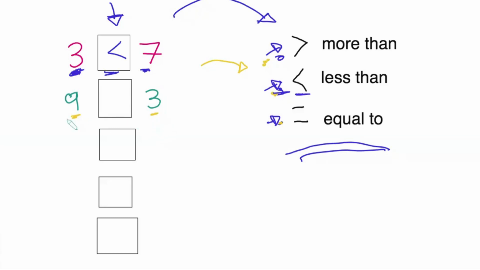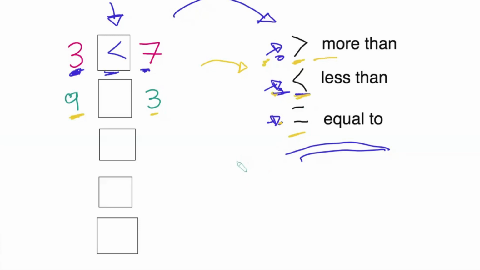We already know that 9 is bigger than 3. So the number sentence should read 9 is more than 3. Which symbol do you think we're going to use? Are we going to use this one, which means more than, this one, which means less than, or this symbol, which means equal to?